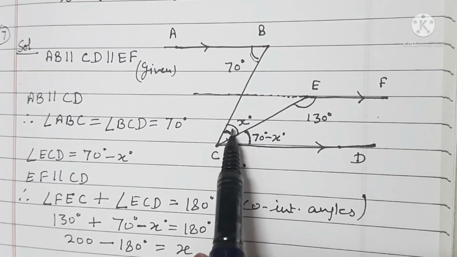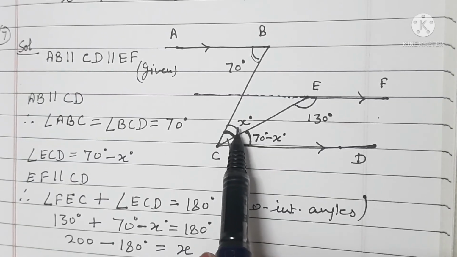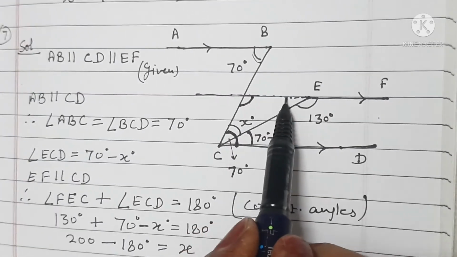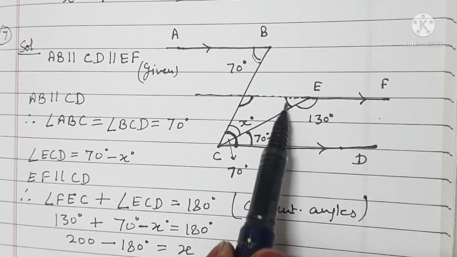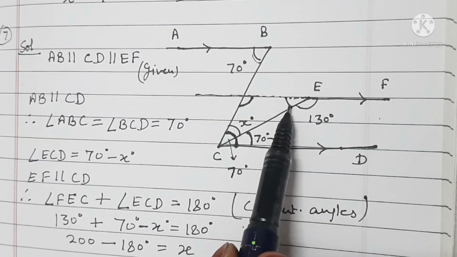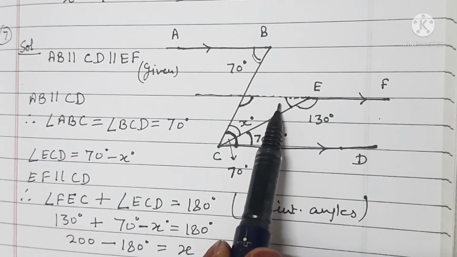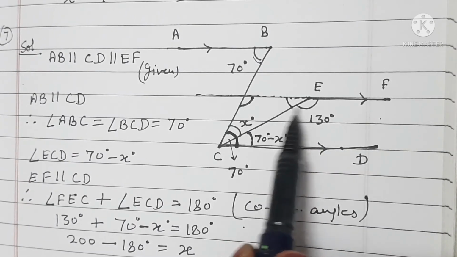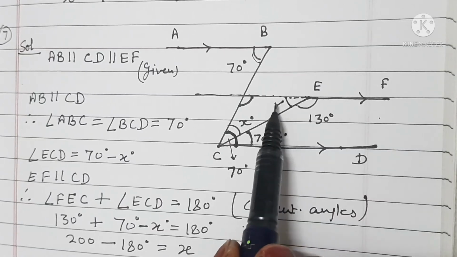It means you will have to find the value of X. So there is need of these two angles also, this one and this one. This is a linear pair, so you will get this angle by subtracting 130 from 180 degree. So you will get this angle.